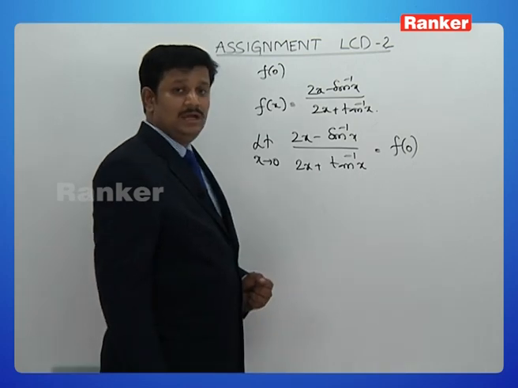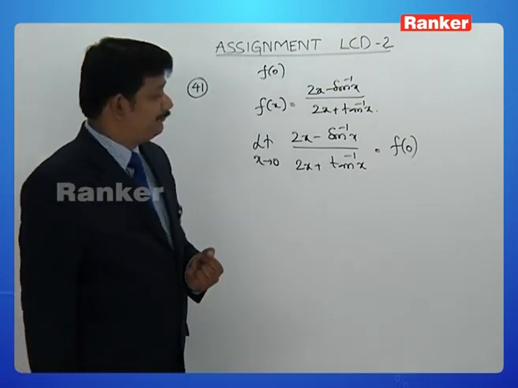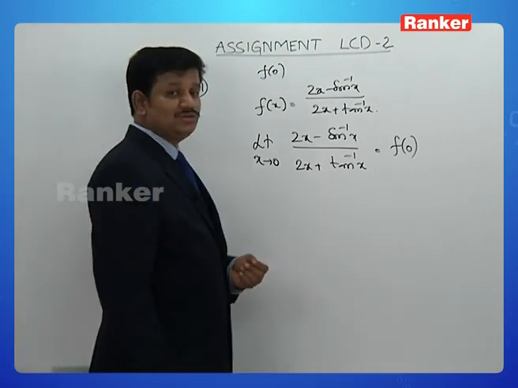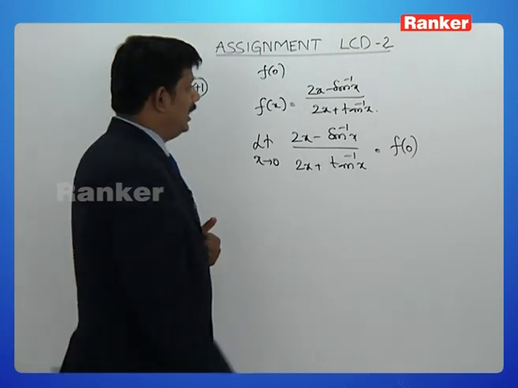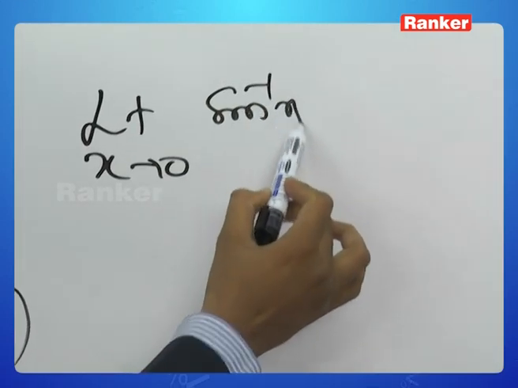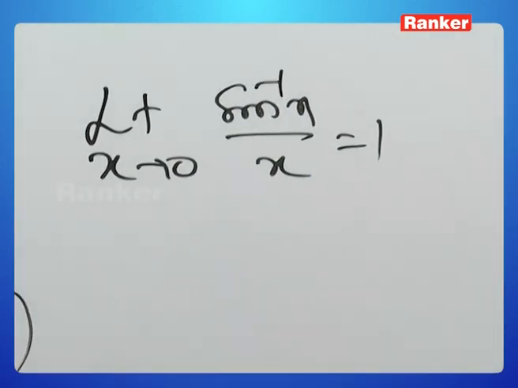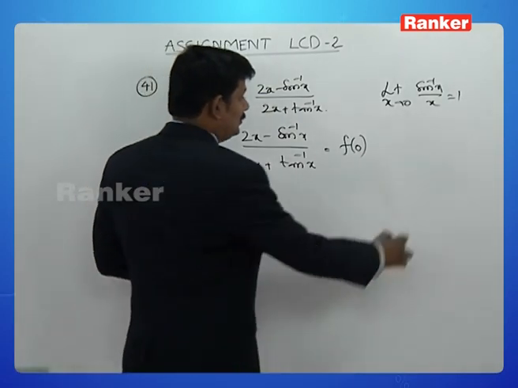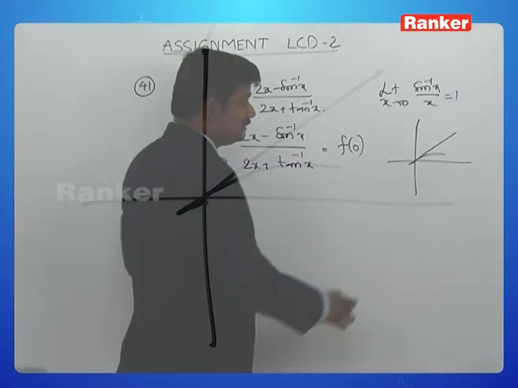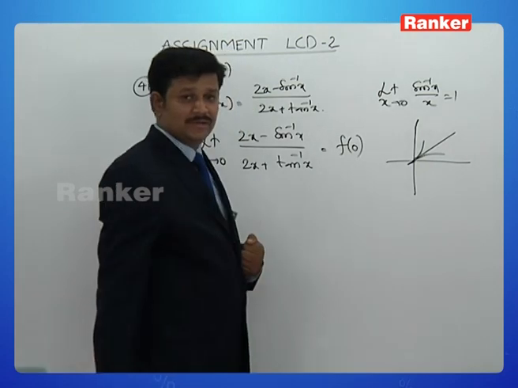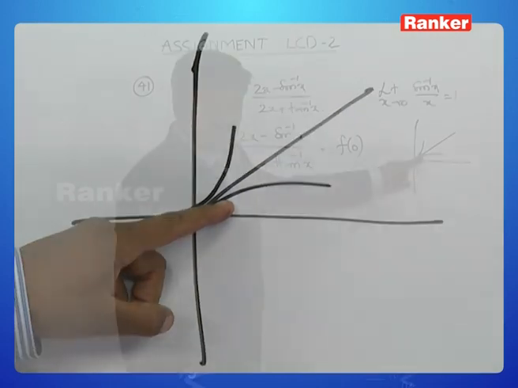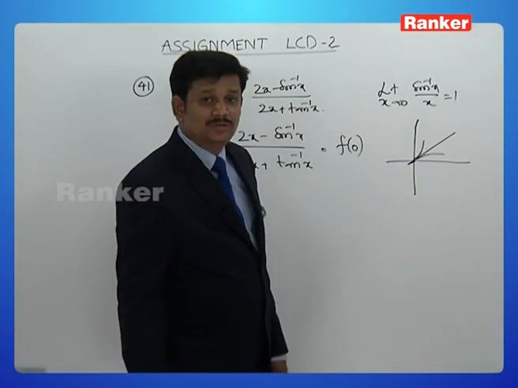We all know limit x tending to 0 of sin x by x is 1. So, limit x tending to 0 of x by sin x is also 1, and from that we can say limit x tending to 0 of sin inverse x by x will also be 1. That is because the graph of sin inverse x is the image of the graph of sin x with respect to the line y is equal to x.